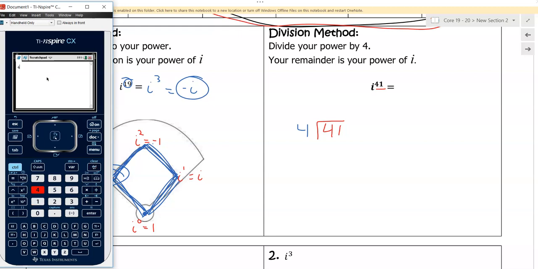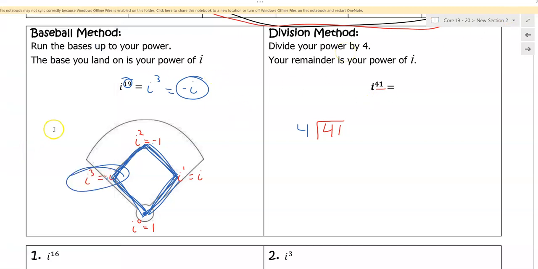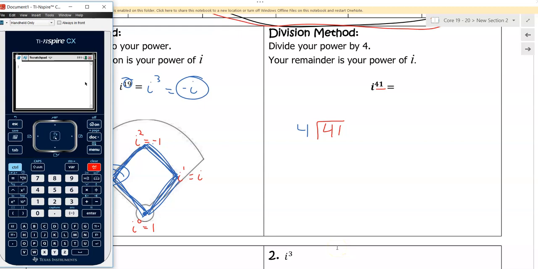A lot of people want to put 4 divided by 41 because it looks like the 4 comes first here, but that's incorrect, okay? It is 41 divided by 4, right? Our 4 bases are running around. It does give us a fraction, so we're going to approximate it to a decimal. We have to hit Control and Enter, and that gives us our decimal.